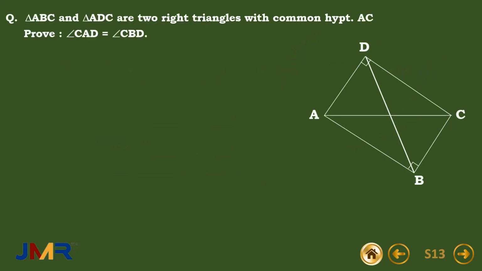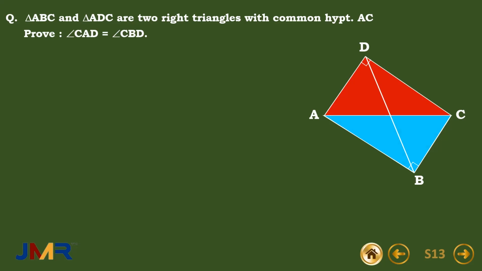Now, let us see one more interesting problem. Triangle ABC and triangle ADC are two right angle triangles with common hypotenuse AC. Prove that angle CAD is equal to angle CBD. How can we prove this? Let us take the quadrilateral ABCD.